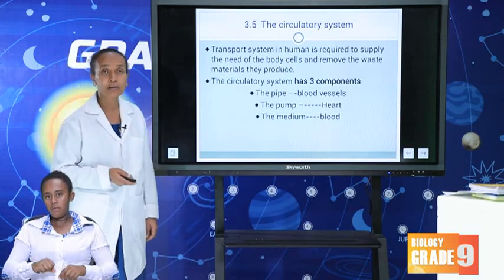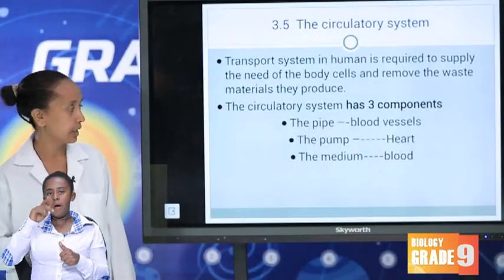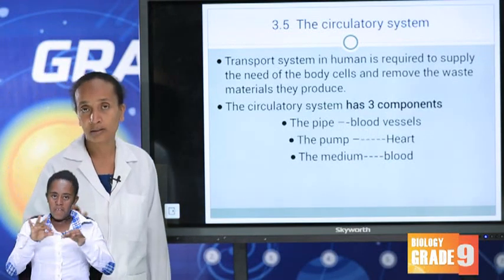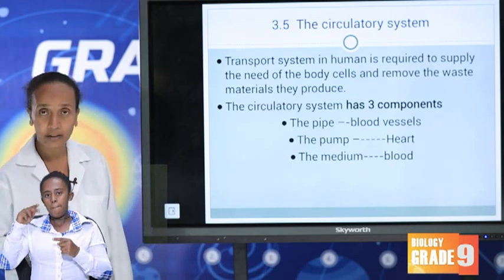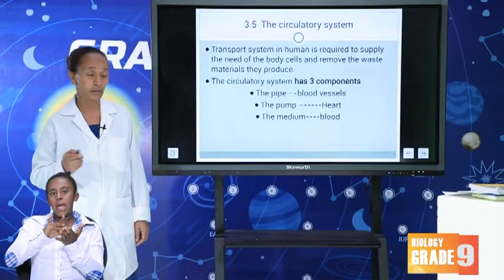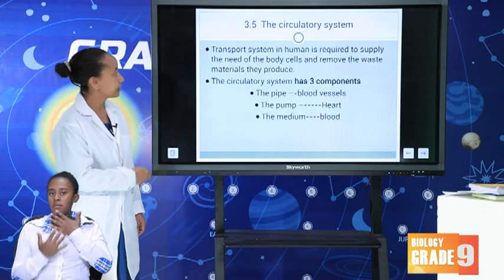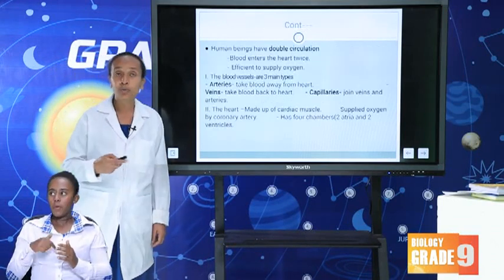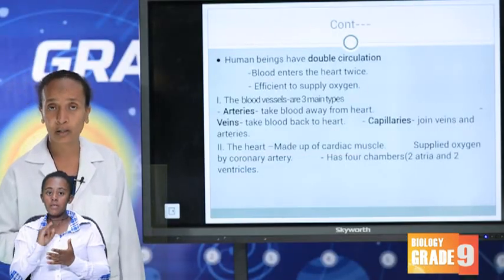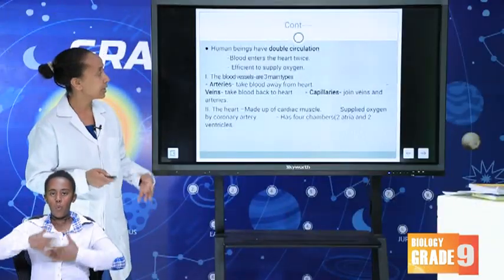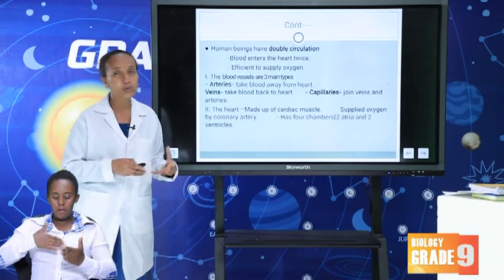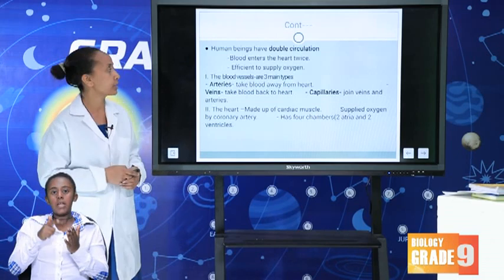The first component is the pipe, that means the blood vessels, the second component is the pump, which is the heart, and the third component is the medium, that is the blood. The human circulatory system is a type of double circulation, which means blood enters the heart twice, and due to this the name double circulation is given.